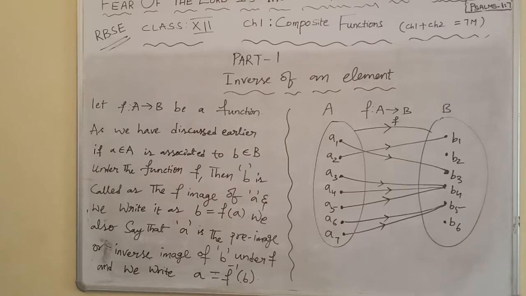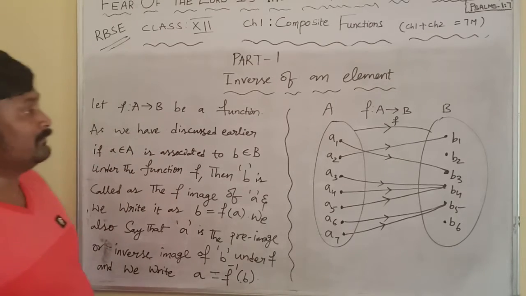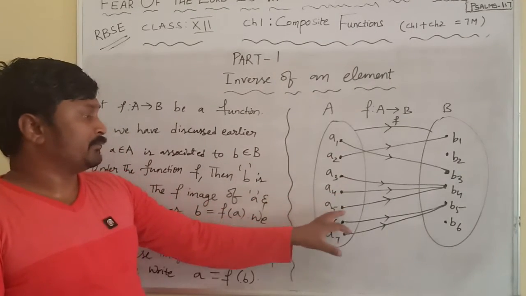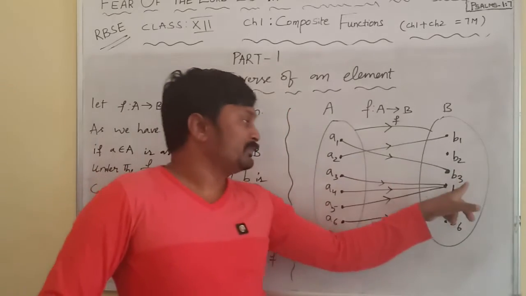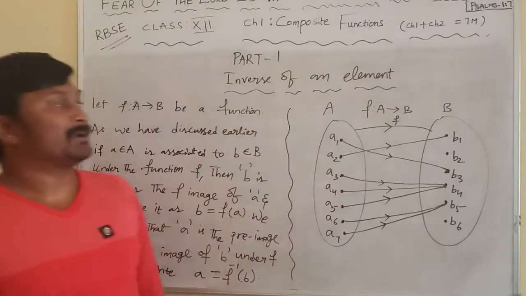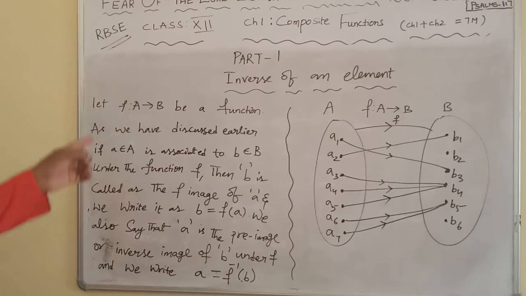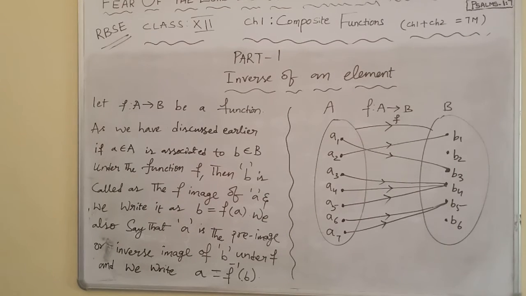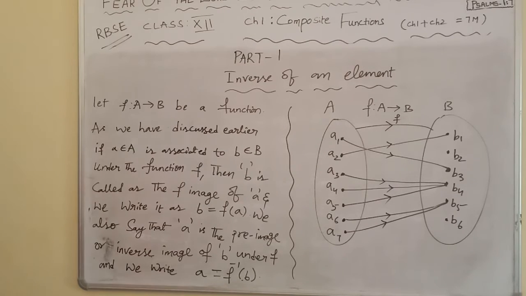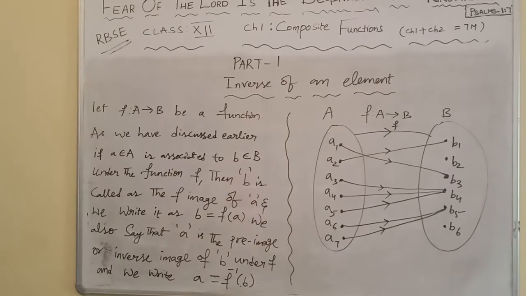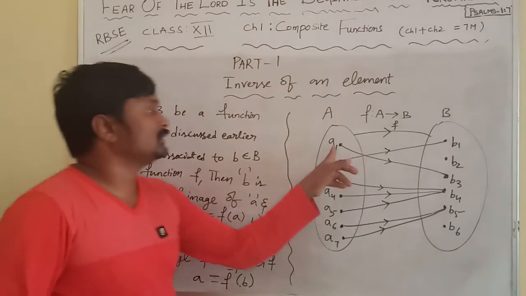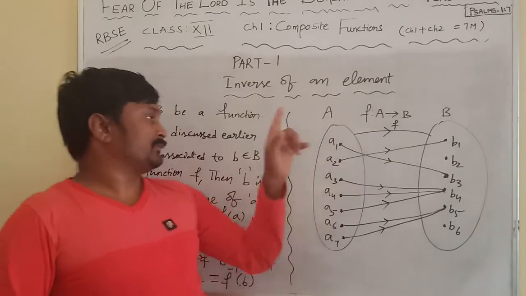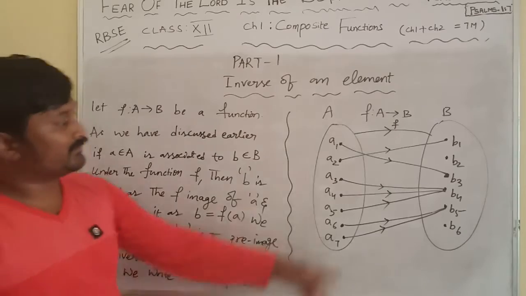Let's discuss it with a diagram. Here A1, A2, A3, A4, A5, A6, A7 belong to capital A, and B1, B2, B3, B4, B5, B6 belong to capital B. Under a function f, f maps A to B. Now A1 is equal to f inverse of B3.